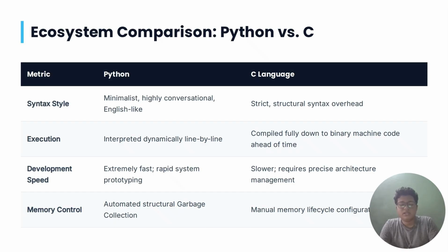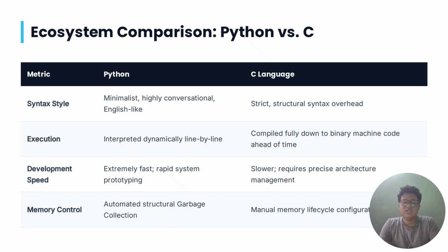In case of execution, Python is interpreted dynamically line by line, whereas C language is compiled fully down to binary machine code ahead of time, which makes C faster than Python, obviously. In case of development speed, it is extremely fast for Python. Rapid system prototyping is faster in Python.